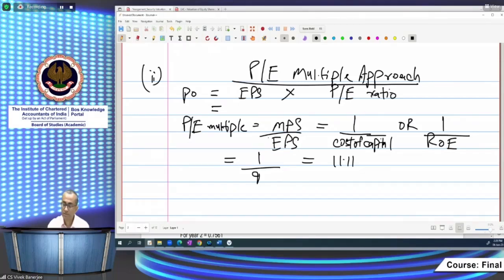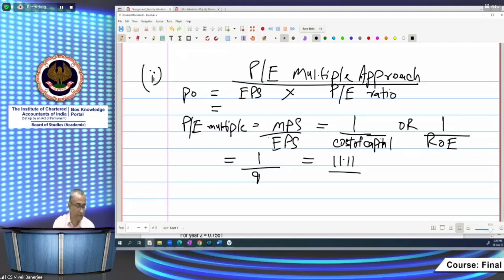So price earning multiple is 11.11. Now we have calculated this price earning multiple, we can calculate P0.